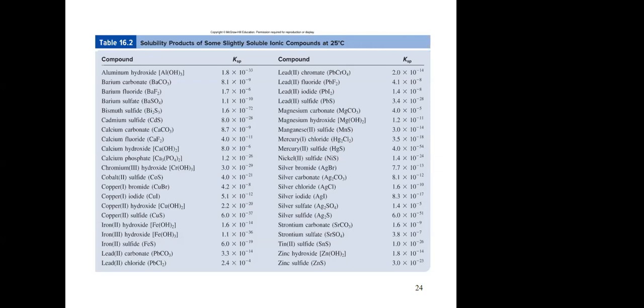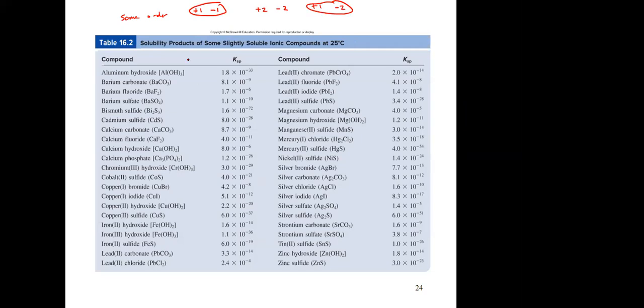We can only do comparison if they are of the same order. What does it mean? They have the same charge, like +1 and -1, or +2 and -2, or +1 and -2. You cannot compare the KSP of a compound that has this and this.